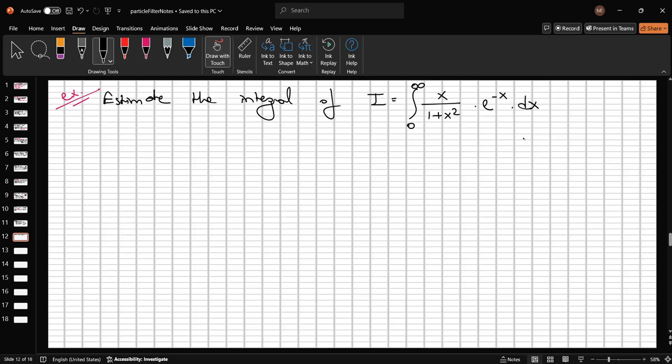Okay, so in order to solve it, we can choose the proposal distribution in the first place.